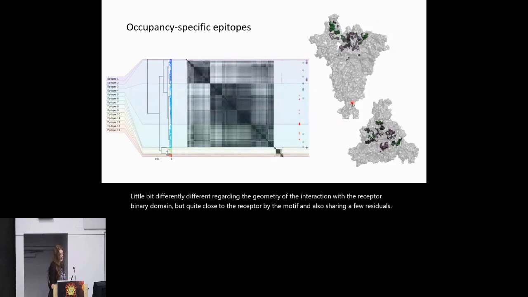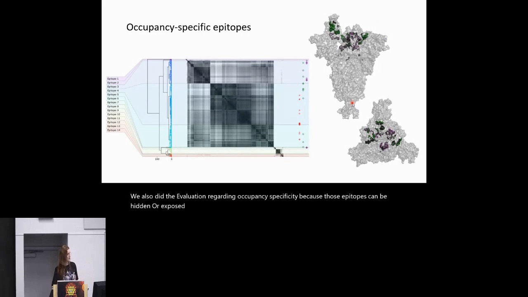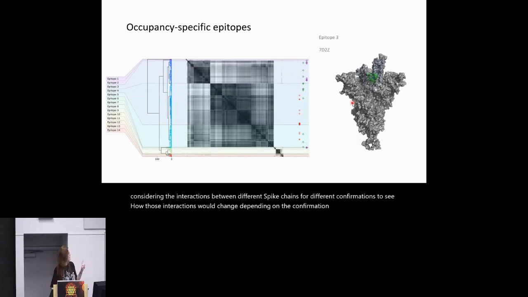We also did the evaluation regarding occupancy specificity, because those epitopes can be hidden or exposed depending on the occupancy. For that, we did a similar approach, but considering the interactions between different spike chains for different conformations, to see how those interactions would change depending on the conformation. And we also did the clustering for that.